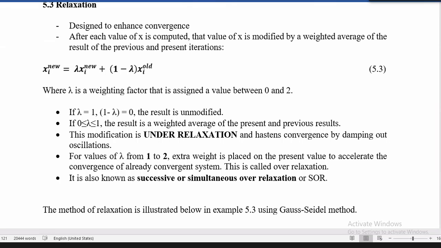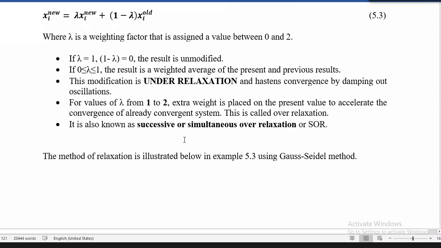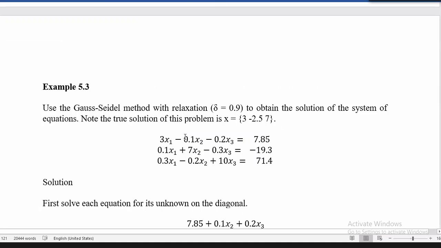So when you see SOR, you are saying successive over-relaxation. That is choosing a value of lambda between 1 and 2. So we can quickly illustrate it here.